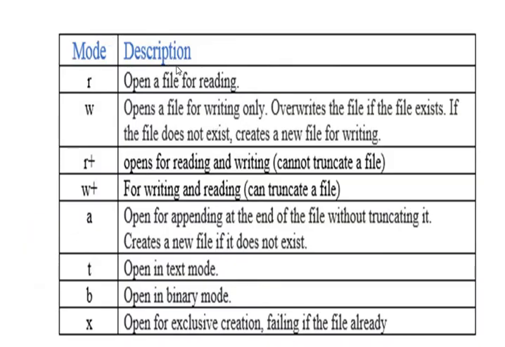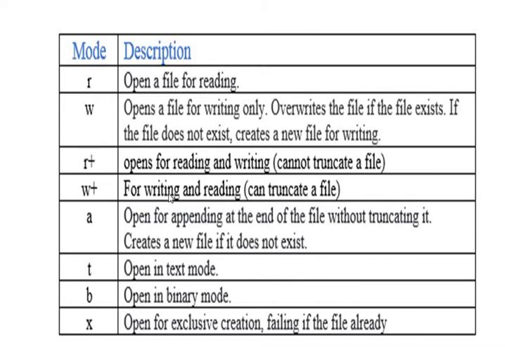These are the different file modes in Python. R means read mode, open a file for reading. W, open a file for writing only; if the file does not exist, create a new file for writing. R plus, open for reading and writing.